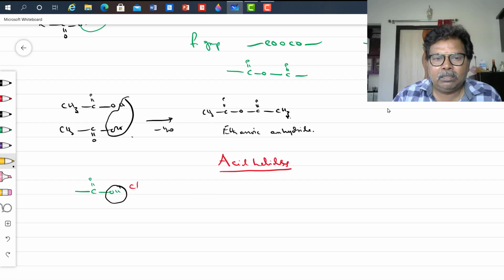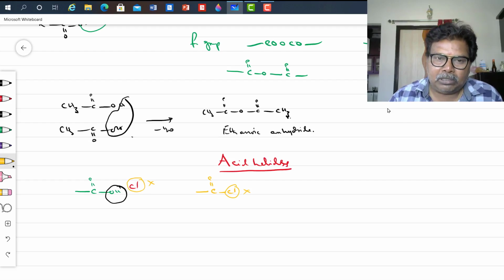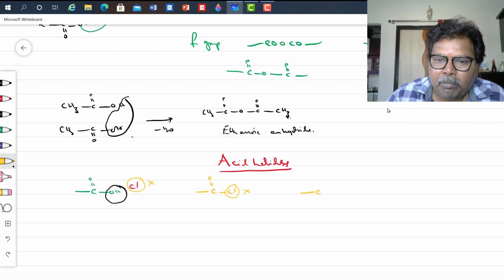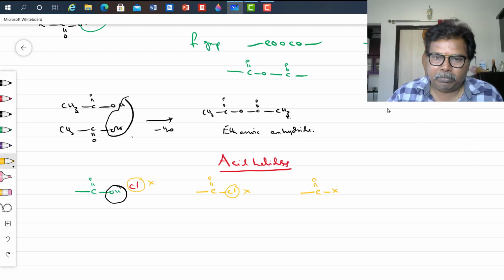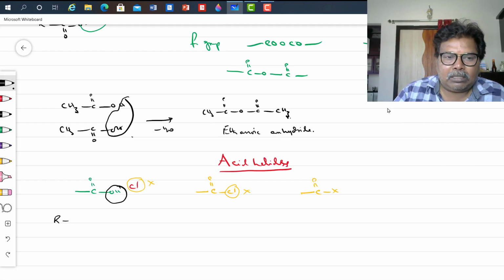Then C double bond OCl, or you can write this as X. X may be fluorine, chlorine, bromine, iodine. So generally, C double bond OX is the acid halide functional group, R C double bond OX.